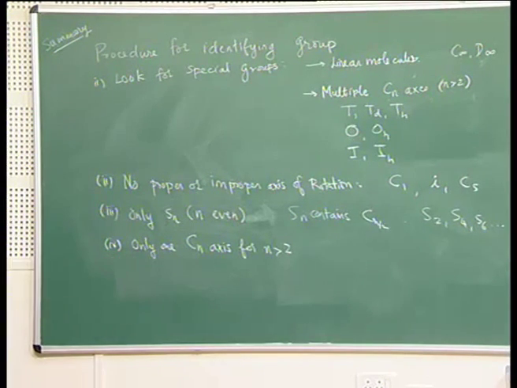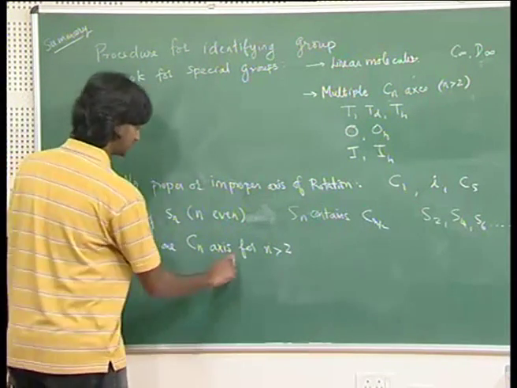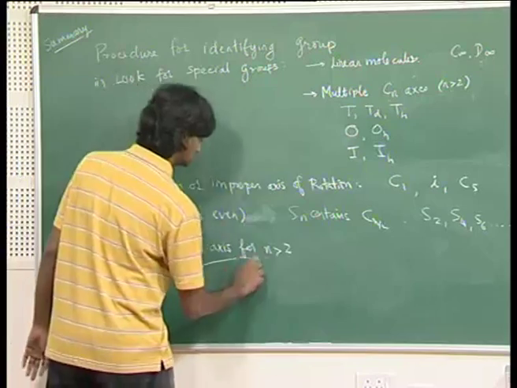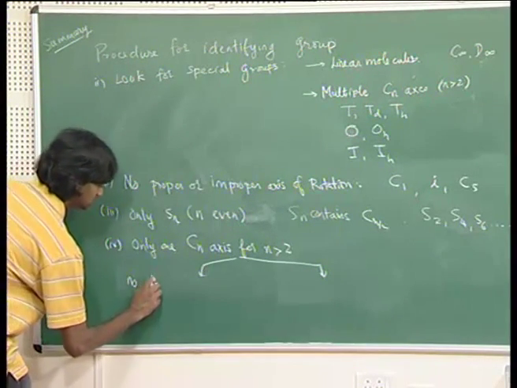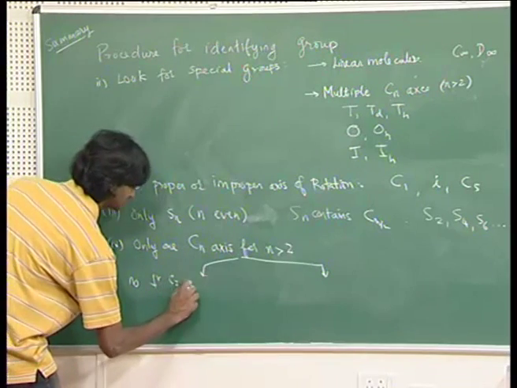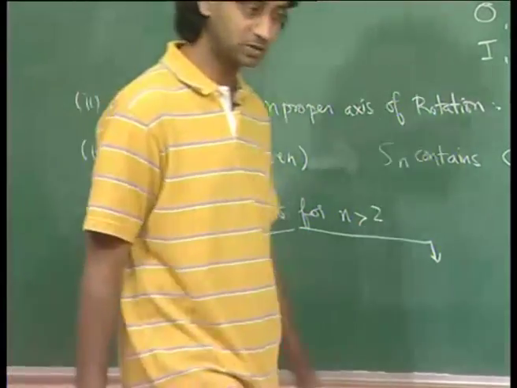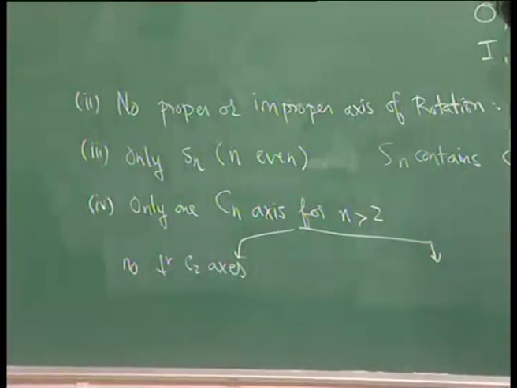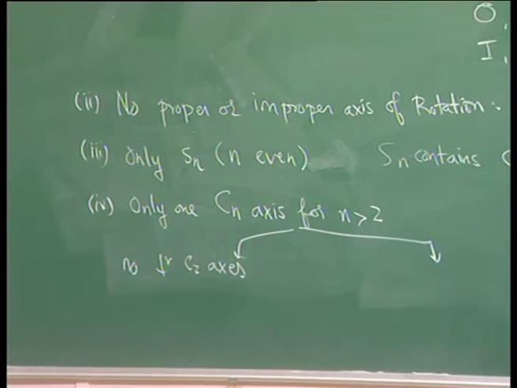When you have only one Cn axis for n greater than 2, there are 2 cases. The first case is no perpendicular C2 axis, so you do not have any C2 axis that is perpendicular to this Cn axis. Recall that if you had a perpendicular C2 axis, then you would have n other C2 axes.